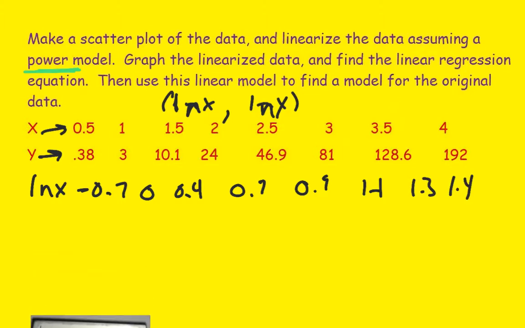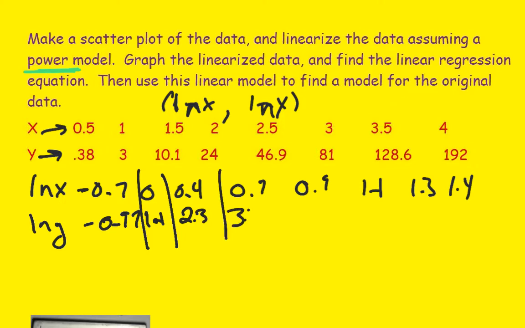And then I'm going to take the natural log of y. And I get negative 0.97, at 0 I got 1.1, and then a 2.3, a 3.2, a 3.8, 4.4, 4.9, and then 5.3.